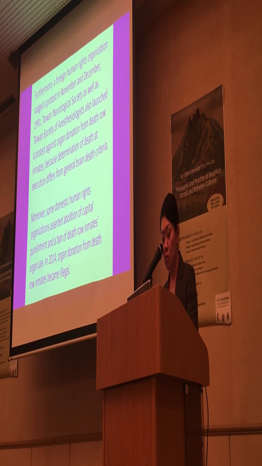Moreover, some domestic human rights organizations asserted the abolition of capital punishment and a ban on the use of death row inmates' organs. In 2014, organ donation from death row inmates became illegal.